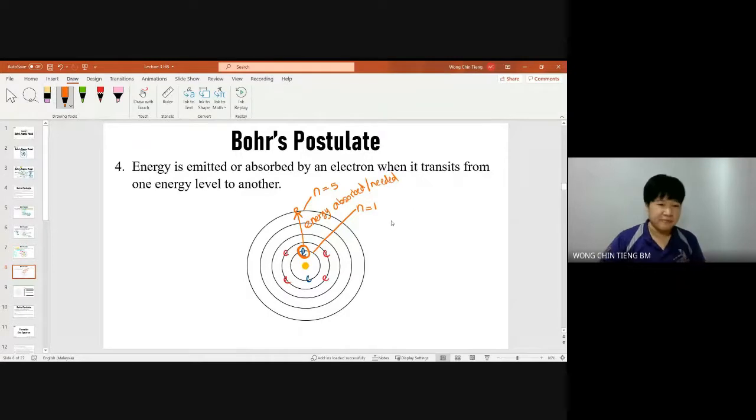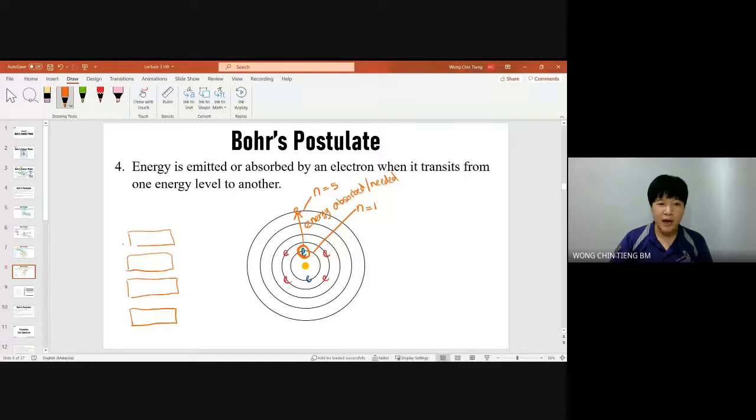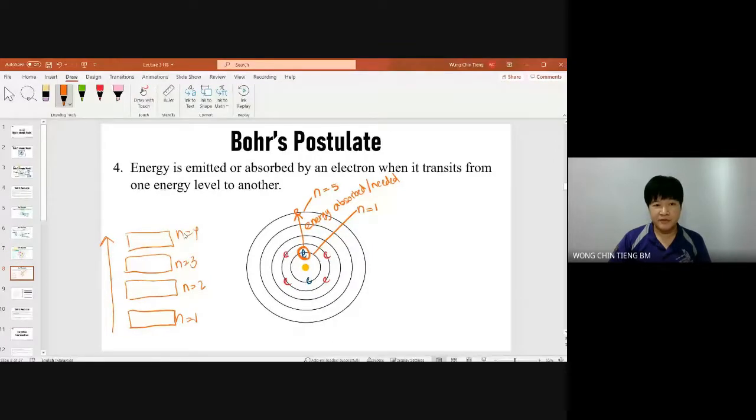Guna konsep senang, naik tangga. I always tell my students, kalau kat makmal kimia tu, kamu kena naik sampai tingkat 4. So assume your energy level over here is like going up the stairs in the building. That is your n equals to 1, that is your n equals to 2, n equals to 3, n equals to 4, and then you have your n equals to 5, going up the building. So kalau saya ada elektron daripada n sama dengan 1 nak naik tangga sampai n sama dengan 5, bila kamu naik tangga, are you using energy or releasing energy?